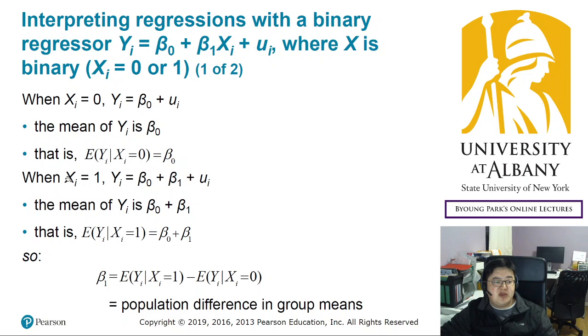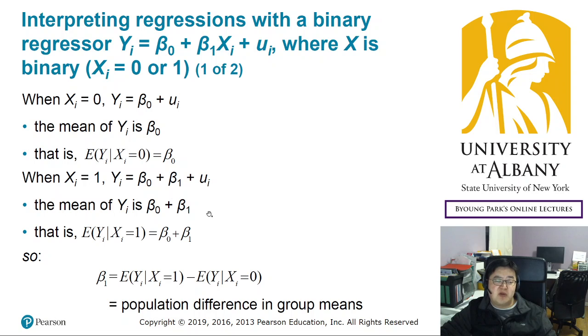Do the same thing for the other case. When x equals 1, x is replaced by 1, then the equation becomes y equals beta 0 plus beta 1 plus u. Again u has mean 0, so the expectation of the outcome given x equals 1 is simply beta 0 plus beta 1.